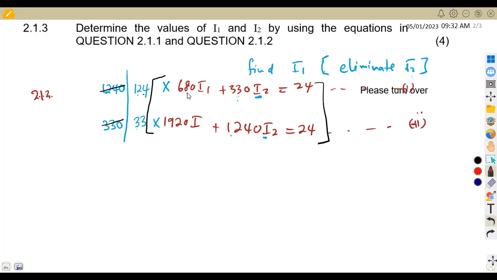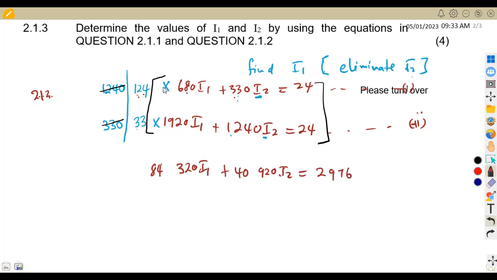So it's 124 times 680, which is going to give us 84,320 I1. We move on to 124 times 330, which is going to be 40,920 I2, is equal to 124 times 24 in this case, that is 2,976. We are done.